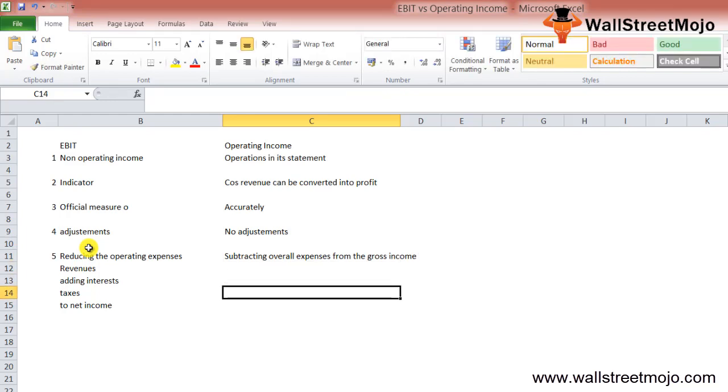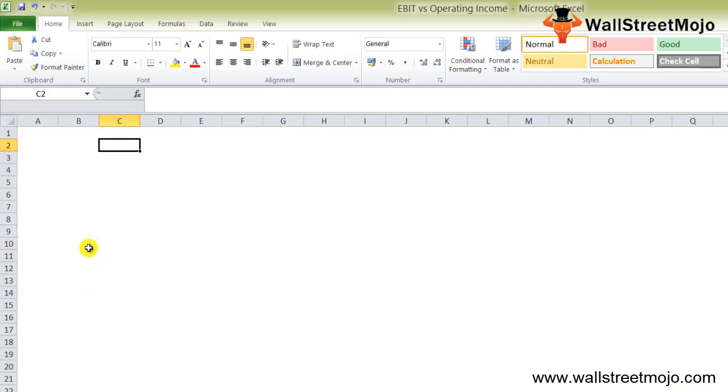So what are the major differences between EBIT and operating income? The key differences have already been discussed. Based on this, let me finally come to a conclusion: when we look at EBIT versus operating income, they are almost the same in most cases. Since the differences are minimal, as only a few adjustments are done in EBIT, while no adjustments are done in operating income, there is very little chance of any huge differences when we compare operating income versus EBIT.